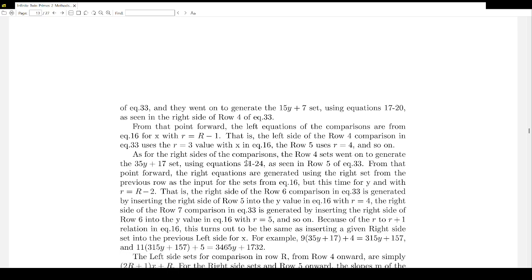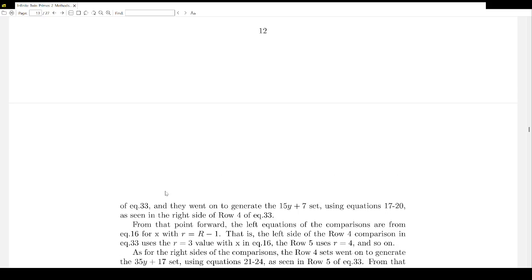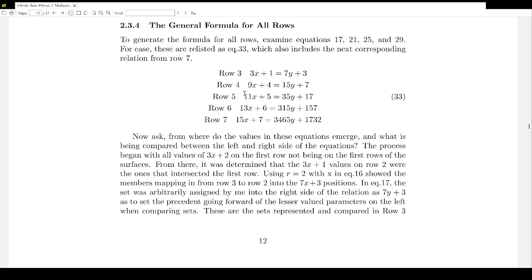As for the right sides of those comparisons, the row 4 sets went on to generate the 35 plus y set. And as I suspected before, these row 3 sets are what we use to generate the right side of row 4. These row 4 sets are what we use to generate the right side of row 5.